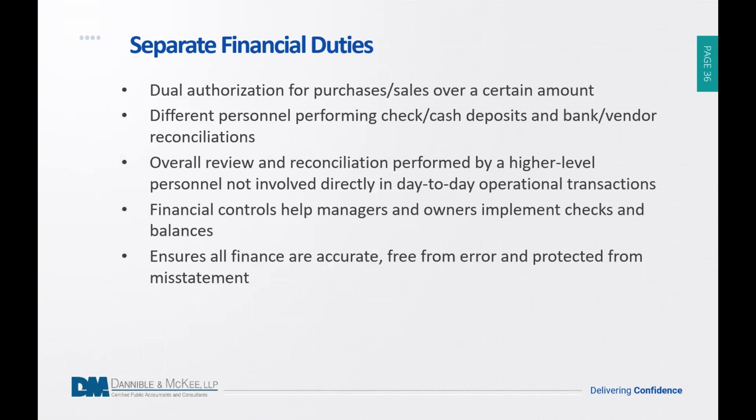So how do we separate some of these financial duties? Well, you should have dual authorization for purchases or sales over a certain amount. No one person can offer a discount over this amount. They need to call and get approval from someone else. No one can authorize a purchase over a certain amount, or a wire transfer. There has to be someone else who can approve it. And there have been a lot of fraud cases where that is actually what catches it.